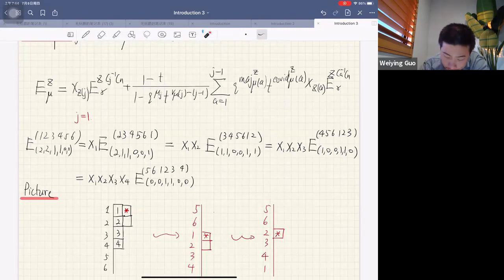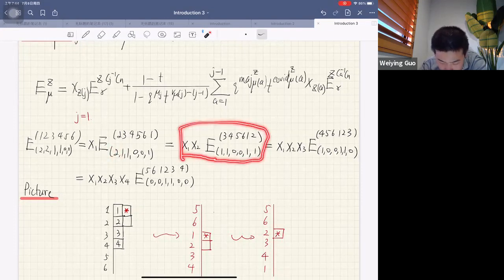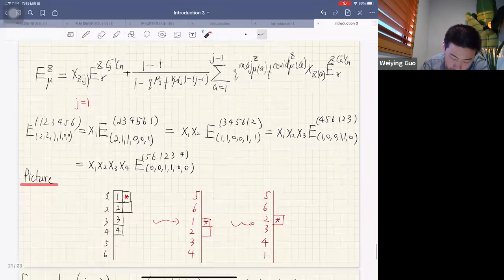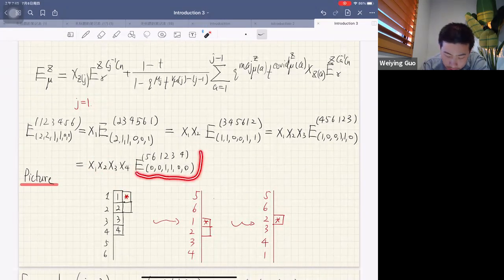For the second recursion, again j equals 1 because the first position is non-zero, and we get x_1 x_2 here. Then we continue to do this until the first position is 0. So we get a filling with x_1 x_2 x_3 x_4, and this corresponds to the non-attacking filling that looks like this. Then the remaining part will keep expanding.